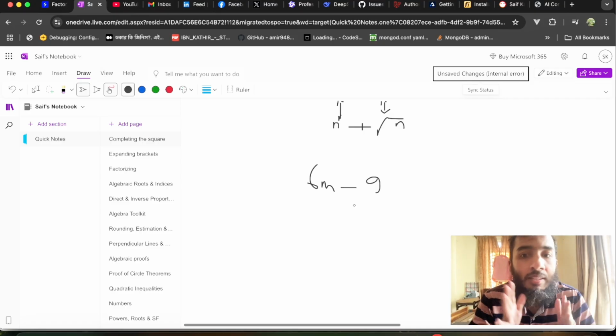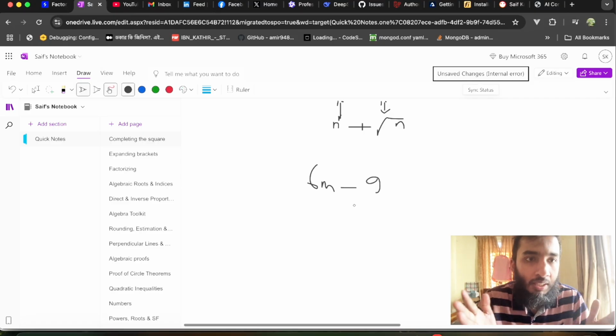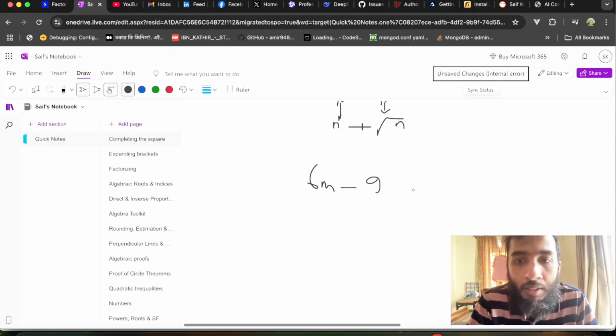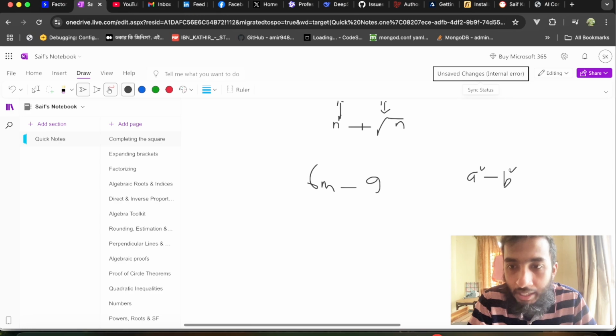At first glance it seems like I cannot make it a product of two expressions, but you can actually do it if you use the formula of a square minus b square. We know the algebraic formula a square minus b square is a plus b multiplied by a minus b.